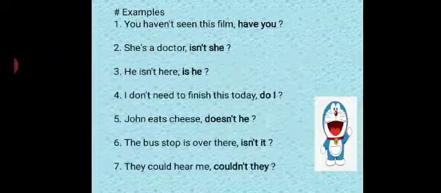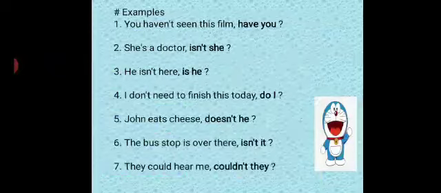Let's see another example. She is a doctor, isn't she? Now the given statement is a positive statement. She is a doctor. The tag added to it is isn't she? So here we are verifying the information that we think is true.